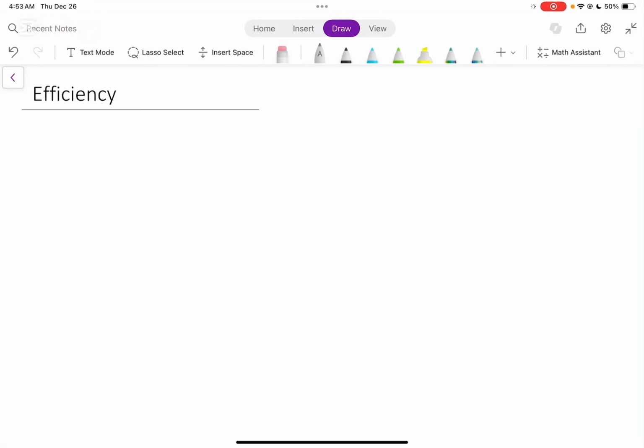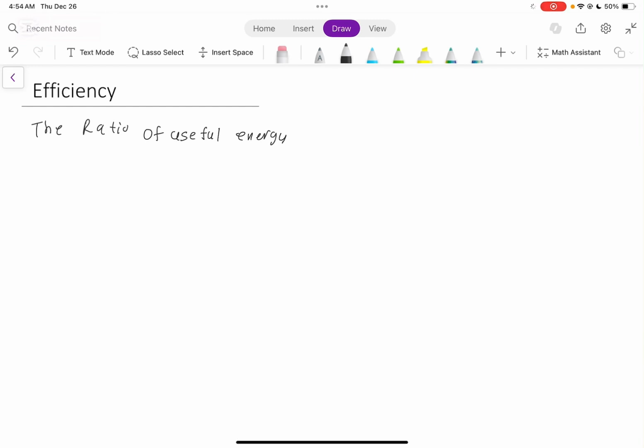Today we'll be talking about efficiency. So what really is efficiency and how is it related to our real world? Well, efficiency is basically just the ratio of useful energy out to energy in.